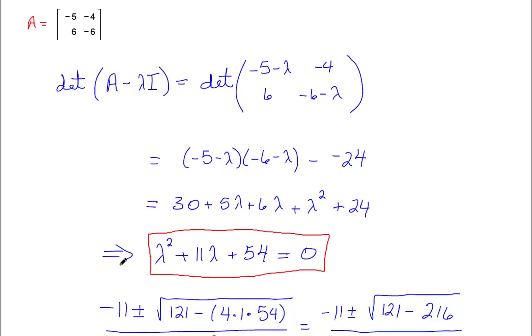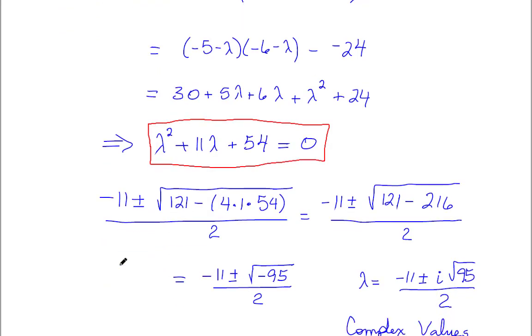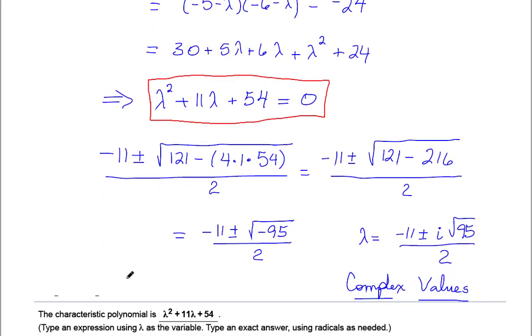So there it is. Not factorable, so we use the quadratic formula. And so looking at the quadratic formula, I see we get a negative under the radical, and so I get complex eigenvalues. So there are our complex eigenvalues.